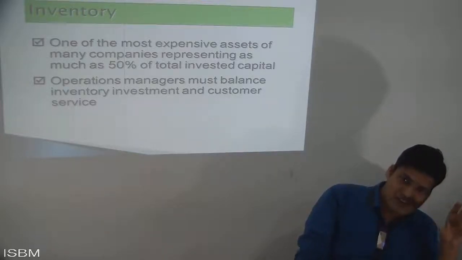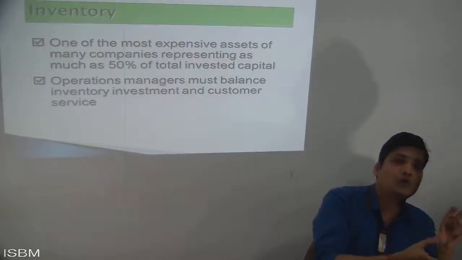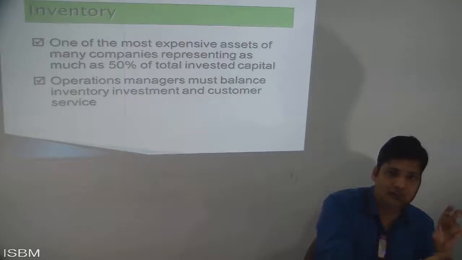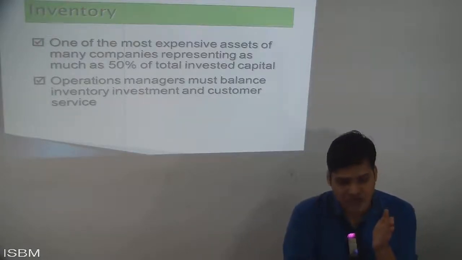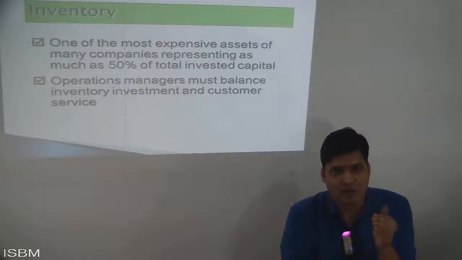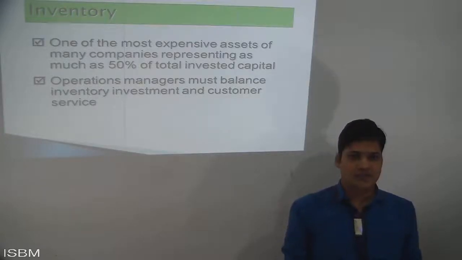If it is not available, how much time will it take to buy that product, and for it to reach the company inventory from somewhere else. So it's the operation manager's responsibility. The operation manager plays an important role between customer and the inventory. Sometimes the product is there in the inventory.